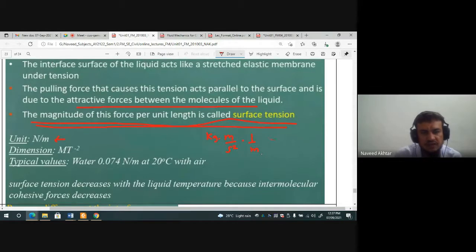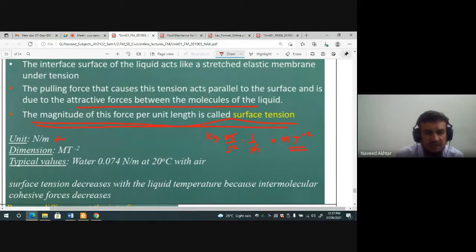So it is mass into meter per second square per meter, and this meter will cancel, and then only time is left. So that's why the dimension of surface tension is mass divided by time squared, so it is nothing but Newton per meter.